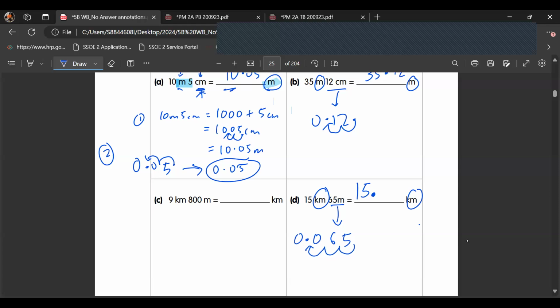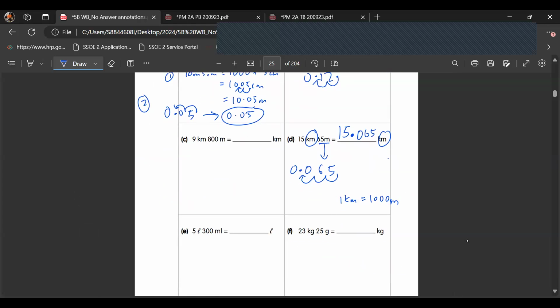Because 1 kilometer is 1,000 meters. So I deal with the 65 meters, after that I just put it in. Can you understand this? Yeah. So it's like a shortcut.